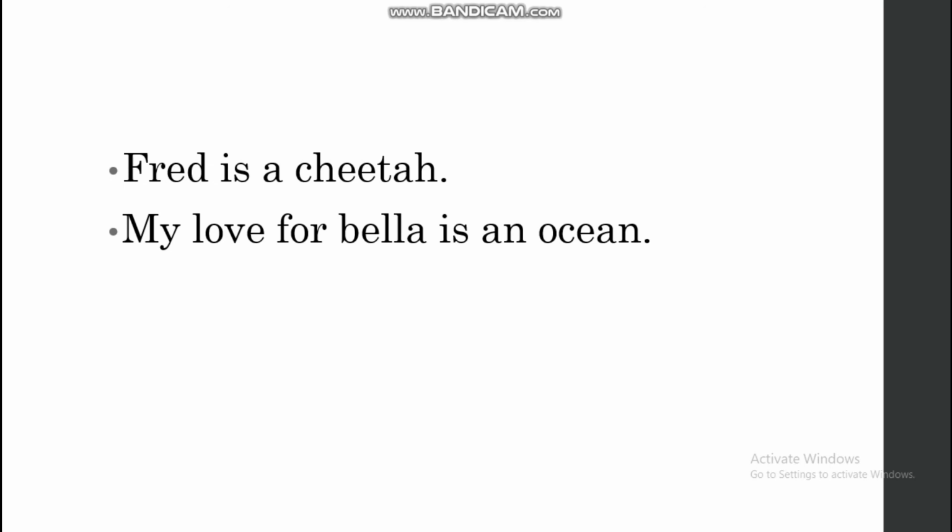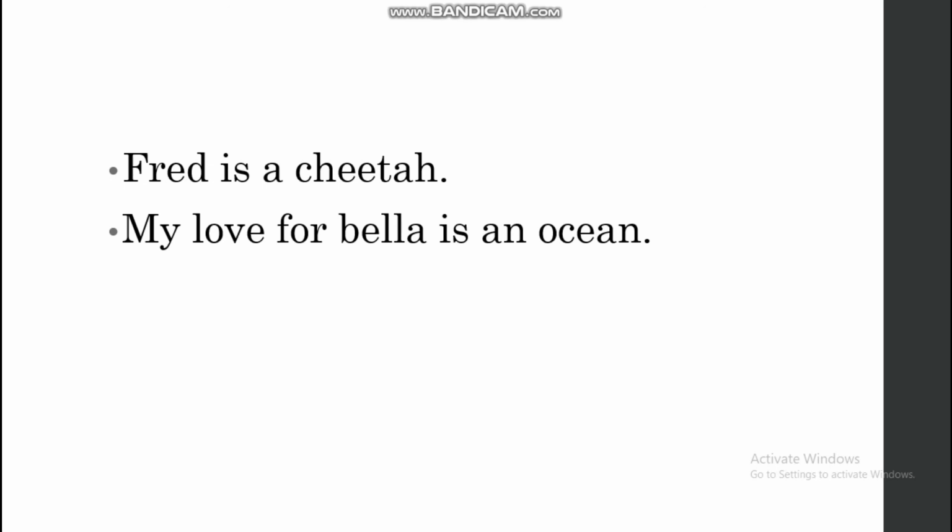What does the sentence mean? It means that Fred has an attribute or ability of a cheetah. And what is the ability of a cheetah? They run so fast. So it means that Fred runs fast. Next sentence, my love for Bella is an ocean.